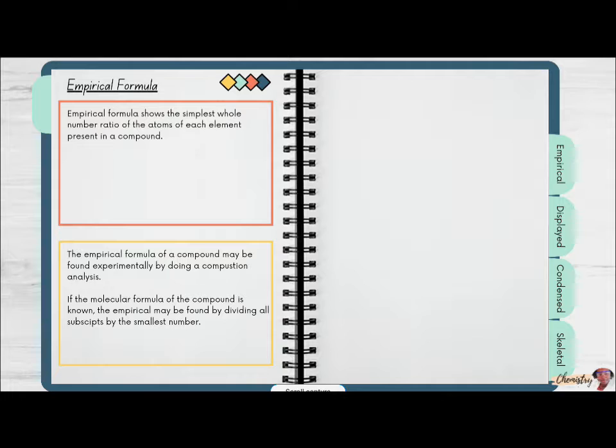Let's think back to the molecular formula of glucose. That was C6H12O6. The smallest number in the subscript is 6. So if we divided all those numbers in the subscript by 6, the empirical formula would be CH2O.